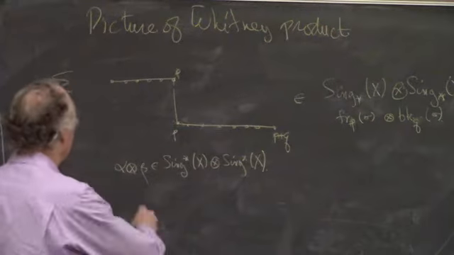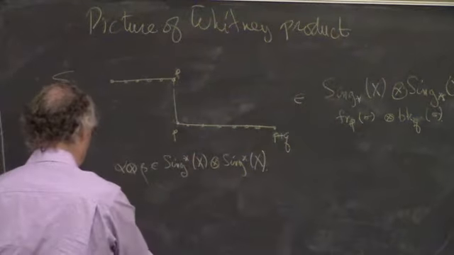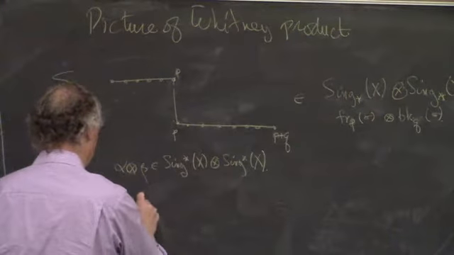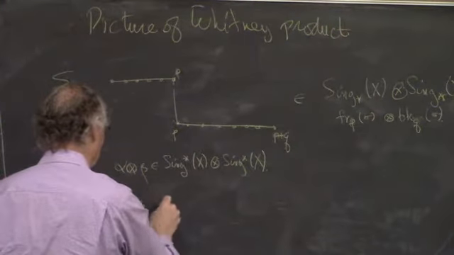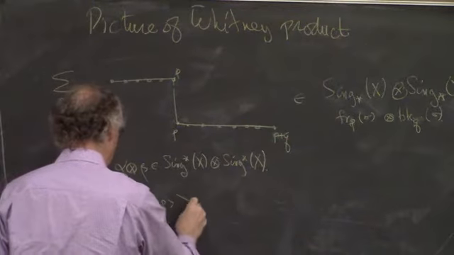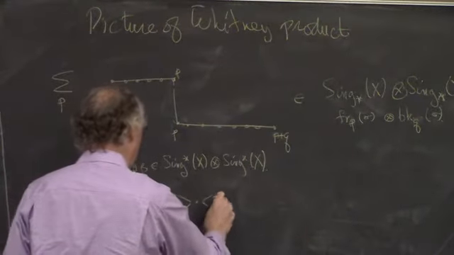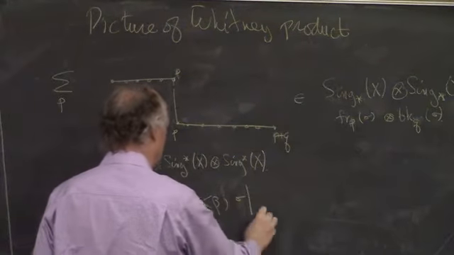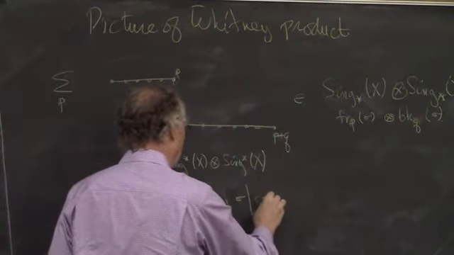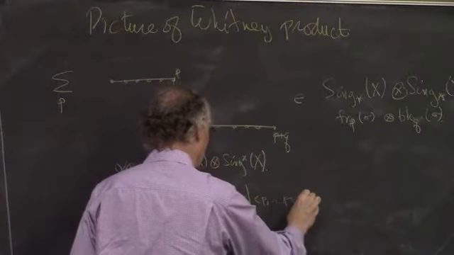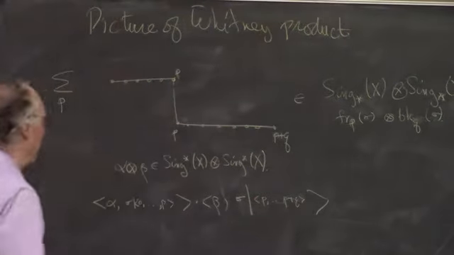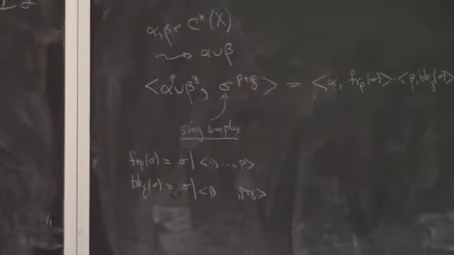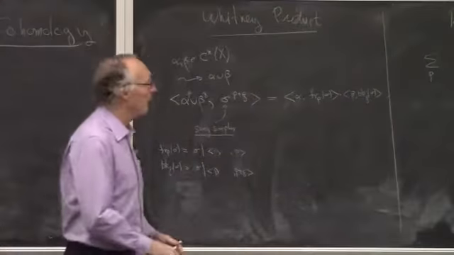So this would here be alpha evaluated on sigma restricted to 0 up to P, times beta on sigma restricted to P up to P plus Q. Okay. So exactly the formula I wrote down here.